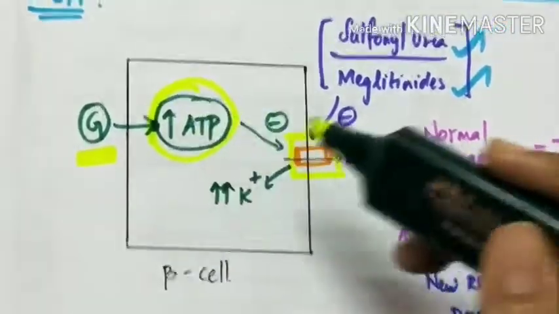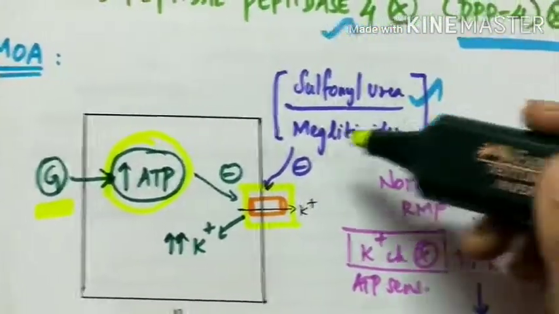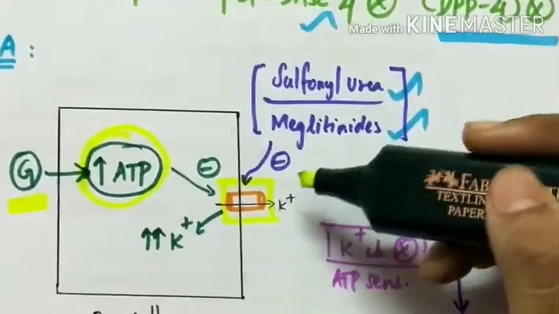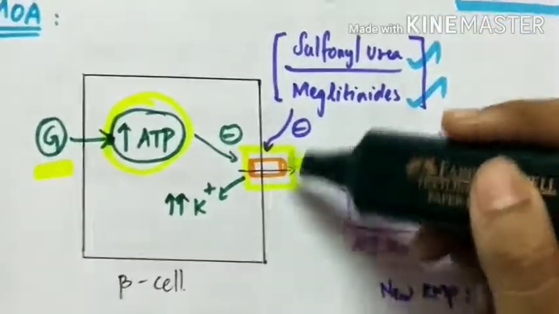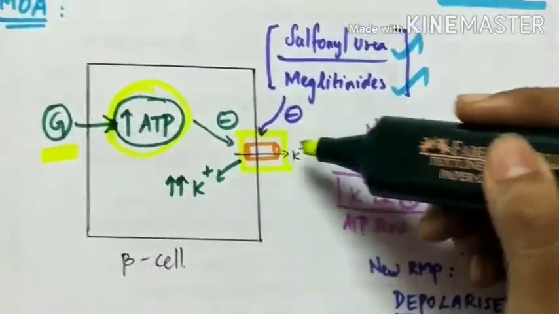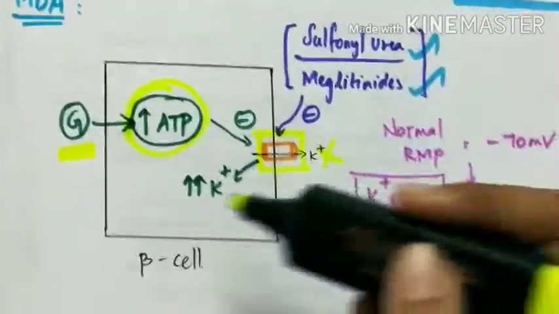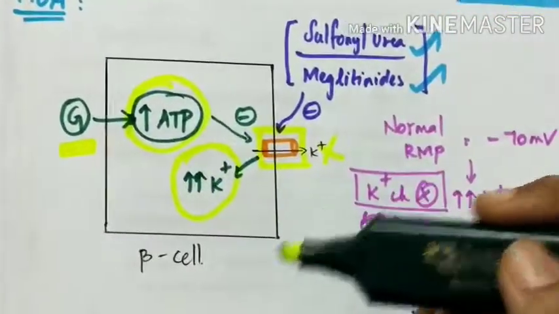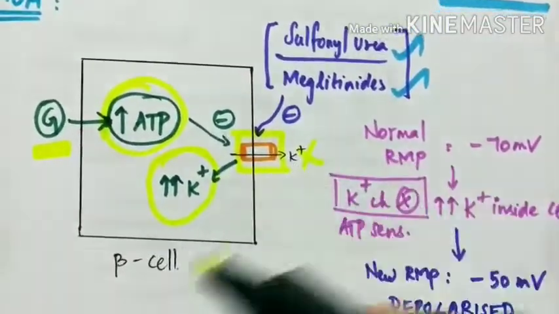So the sulfonyl ureas and meglitinides act by this pathway. They increase the ATP, thereby leading to inhibition of ATP sensitive potassium channels. So the potassium does not go outside, rather it remains inside the cell. So there is increased concentration of potassium inside the beta cell.